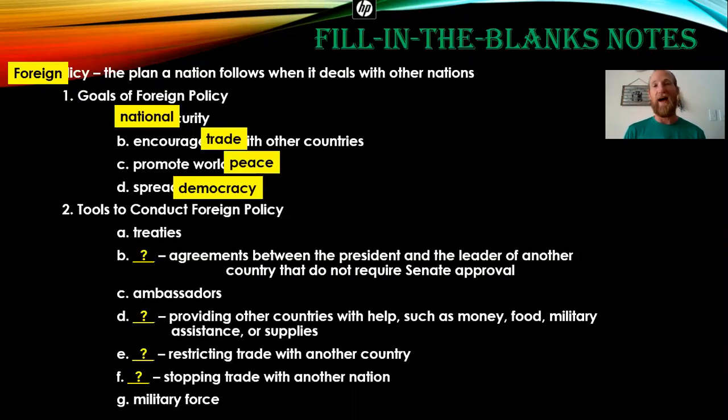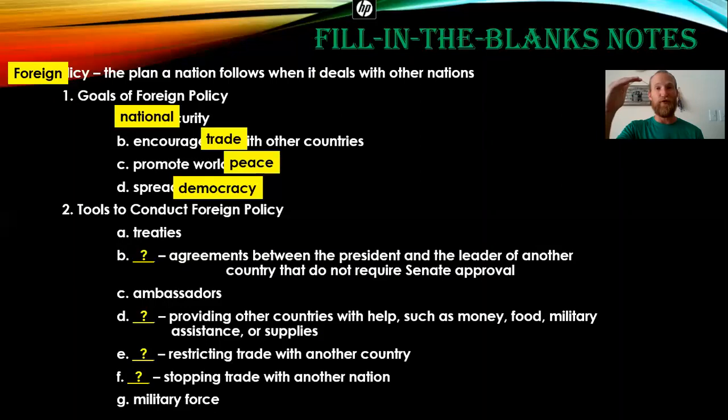Now let's talk about how we actually conduct foreign policy. How do we actually intervene and deal with countries around the world. So our list here in section 2, from A to G, it tends to go from more peaceful methods of conducting foreign policy to more aggressive.